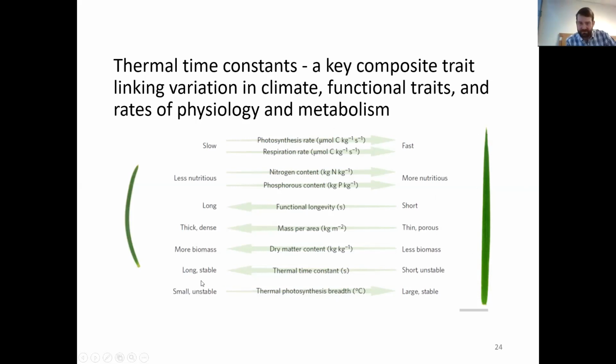So from slow to fast, with this thermal time constant we have long, stable leaves in terms of temperature dynamics on the slow side, and short and unstable leaves on the fast side. For the photosynthetic breadth, we have small breadths and photosynthetically unstable leaves on the left, and large breadths and photosynthetically stable leaves on the right.